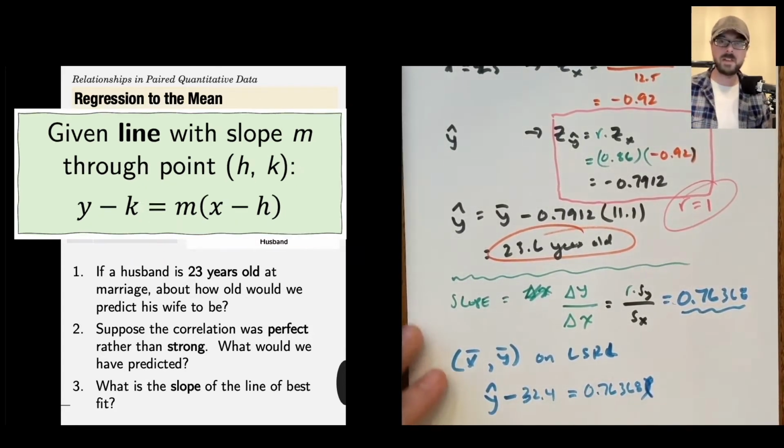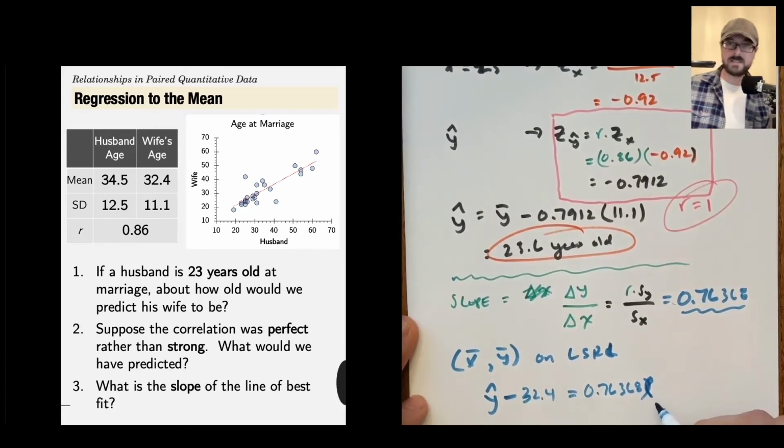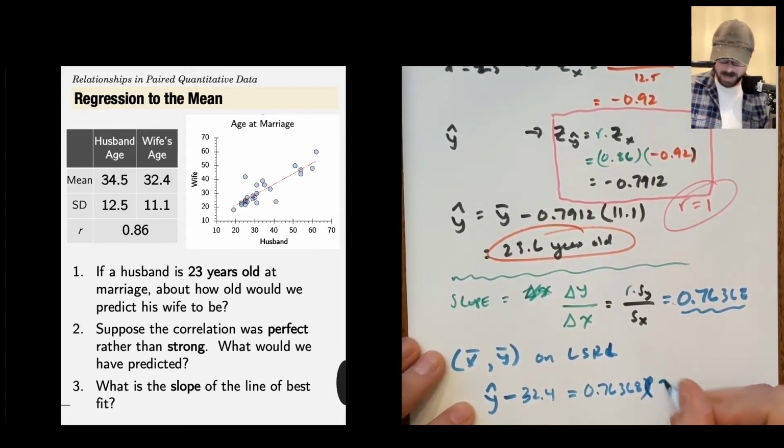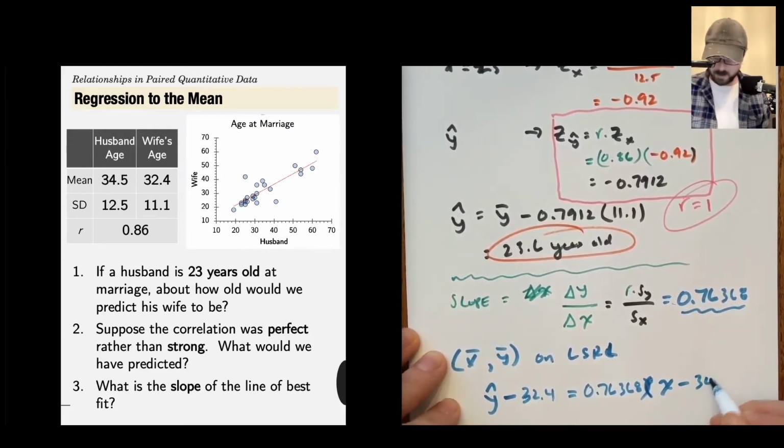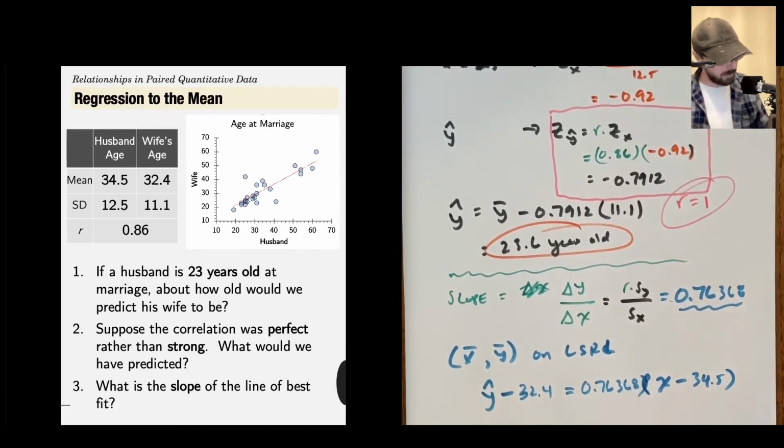Why would I make parentheses going the opposite way? What am I thinking today? I still have a foggy brain, I think, from being sick. And then x minus the mean of our x value, which is 34.5. That's just point-slope. Just remember that from Algebra 1. That's kind of an ugly version of an equation right there. I don't really like it that much. So we could do some simplification.